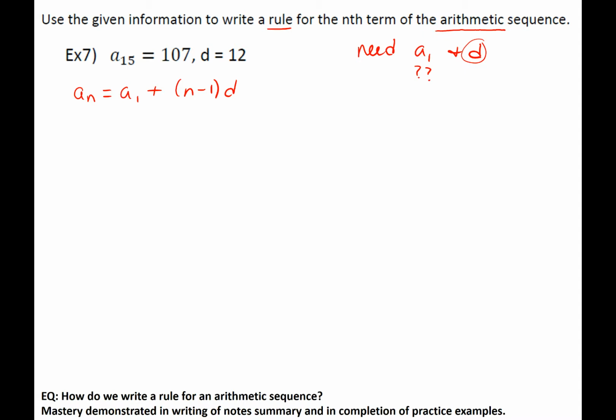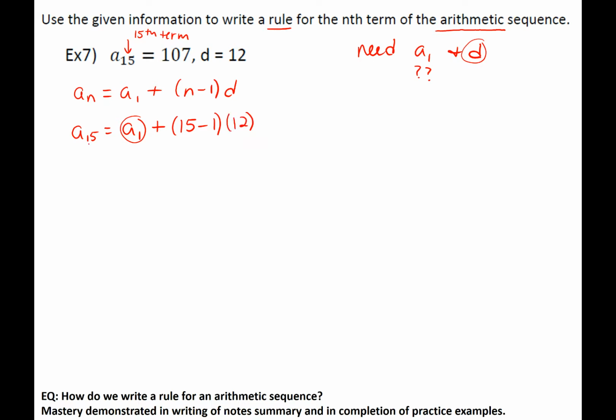So with what they did give me, they gave me the 15th term. So I can say a sub 15. I don't know a sub 1. That's what I'm trying to find. Then plus the n, since it's the 15th term, n is 15, minus 1. And then d, common difference, is 12.